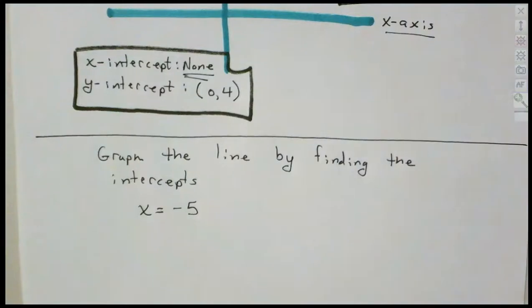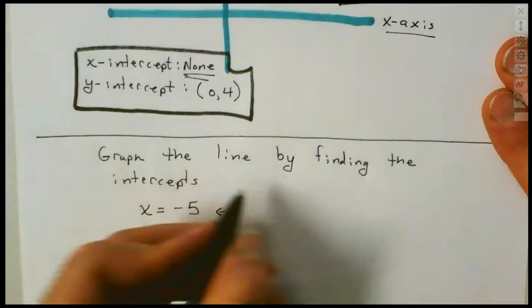Well, if this is x equals negative 5, what's it going to be? We only have an x part, right? And if we only have an x part, it's not diagonal anymore, it's a vertical line. So this is going to be a vertical line.